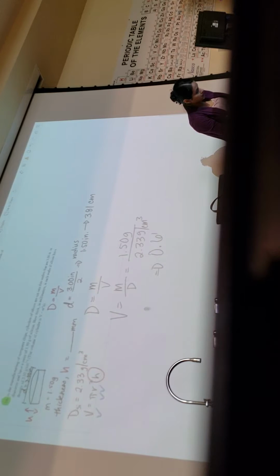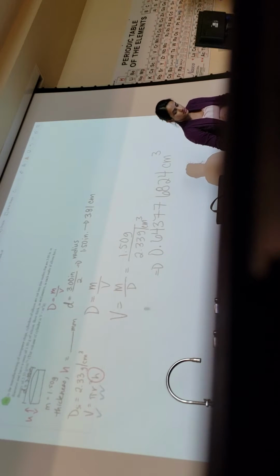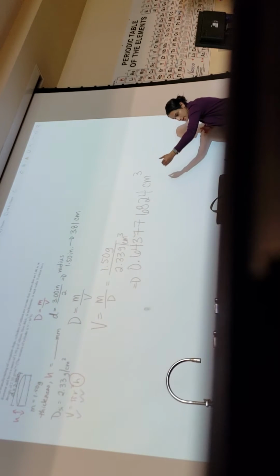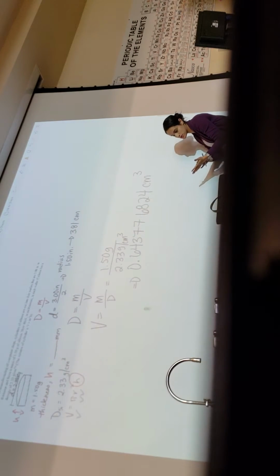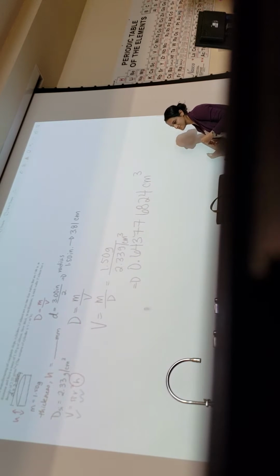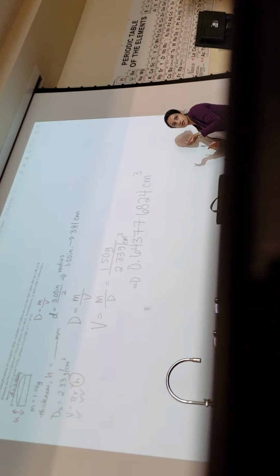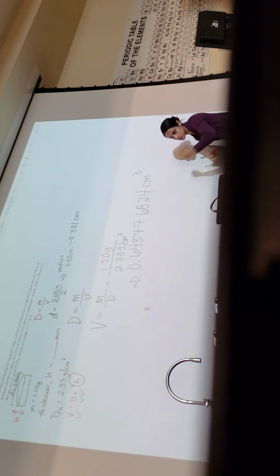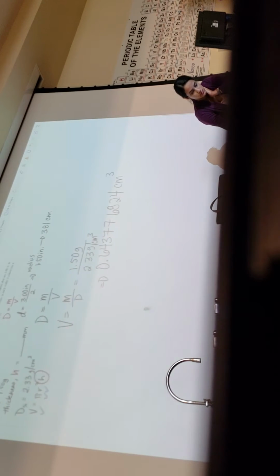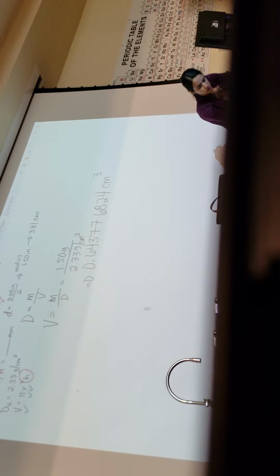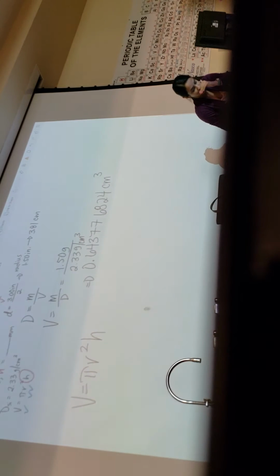Now, this number, you don't want to cut it off. You don't have to write it all out. I'm just writing it all out. But you could cut it off here, but keep it in your calculator. Don't erase it. Because I'm not done doing the math. This is just an intermediate step. My final answer, I'm not solving for volume, I'm solving for H. So I have the volume, and I'm going to solve for my height.